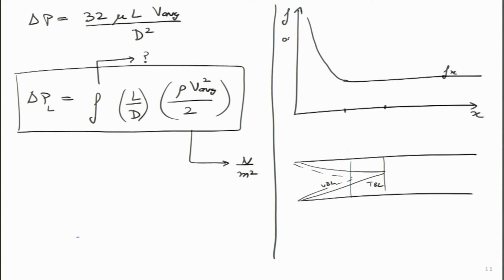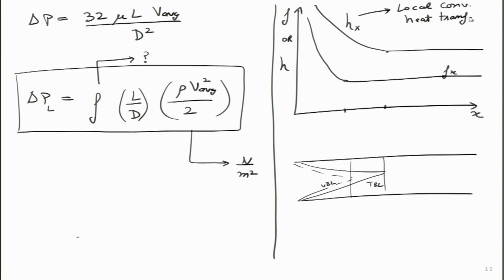We have F or H, and H we could also have over here. H would behave something like this. This is Hx, the local convective heat transfer coefficient, and this F is the friction factor.